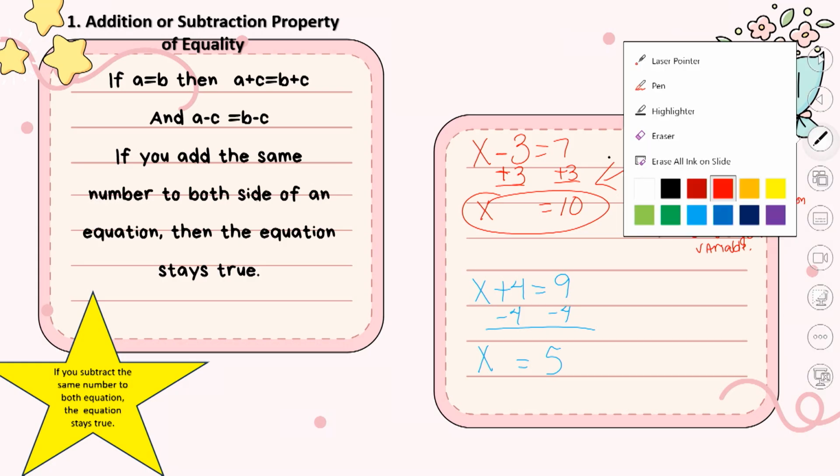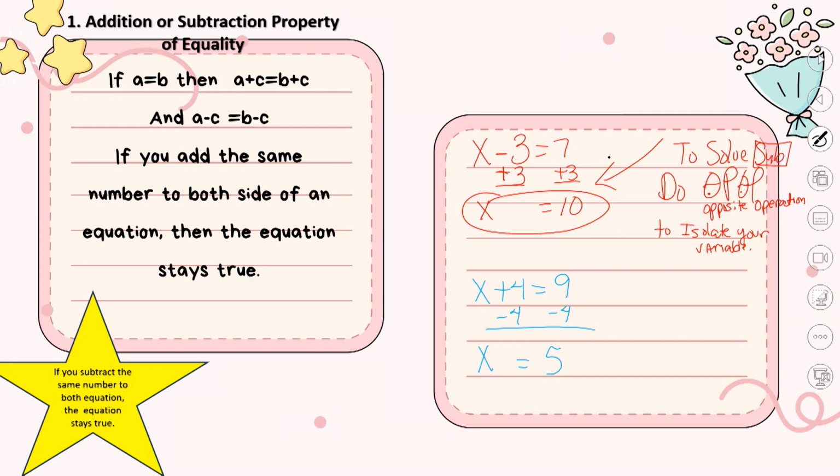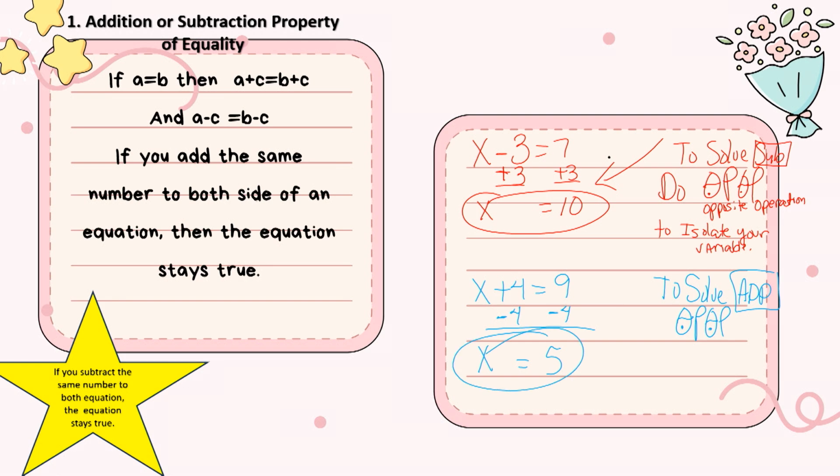Well, Ms. Killen, what about that addition problem you got down there? Good question. So to solve an addition problem, I'm still going to do my opposite operation. And since I had an addition problem, I subtracted, which is the opposite operation, to isolate my variable.